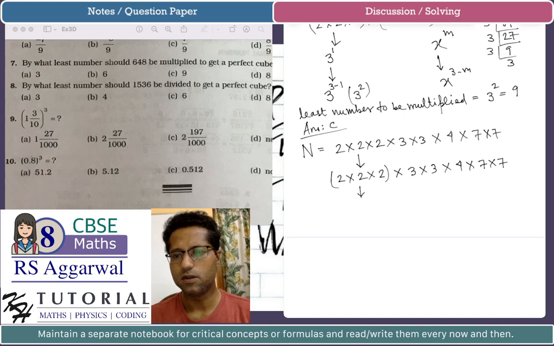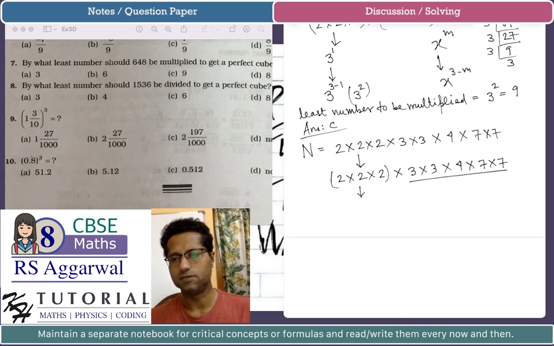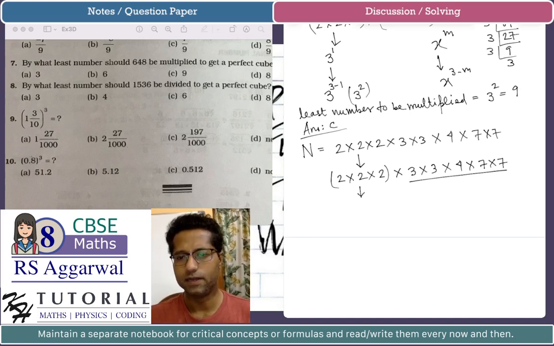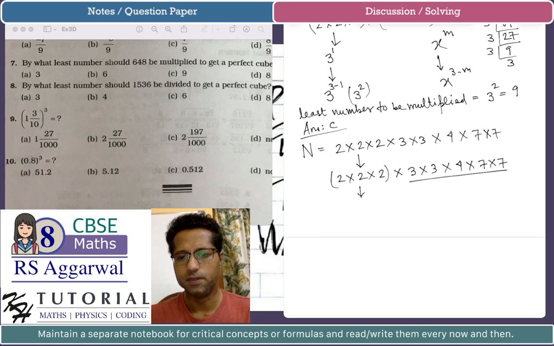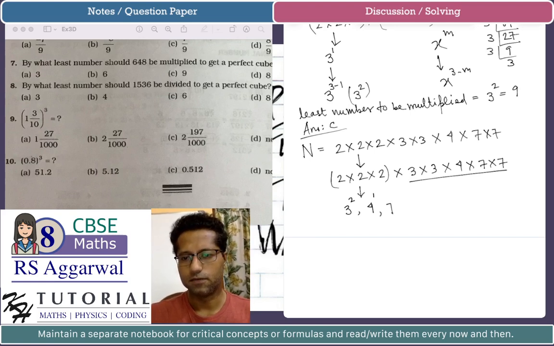We will consider all the factors which are not part of any triplet, and merge the equal factors as powers. So we will get the x to the power m terms which are not part of any triplet: 3 square, 4 to the power 1, since we have one 4, and 7 square.